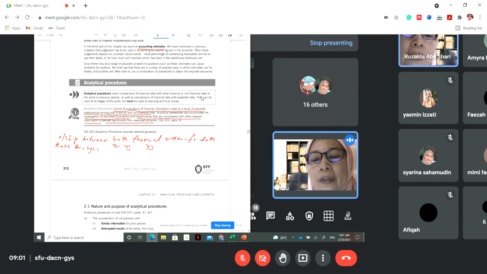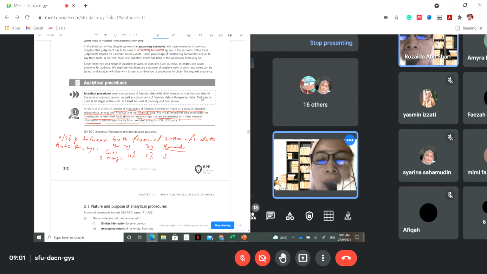If, let's say, you compare the gross profit margin, in X1 the profit margin is 10%, and in X2 the profit margin is 5%. So you have to put a remark here: identify where there is a significant drop between X1 and X2, a decrease of 5%. So you have to investigate. This is the analytical procedure.